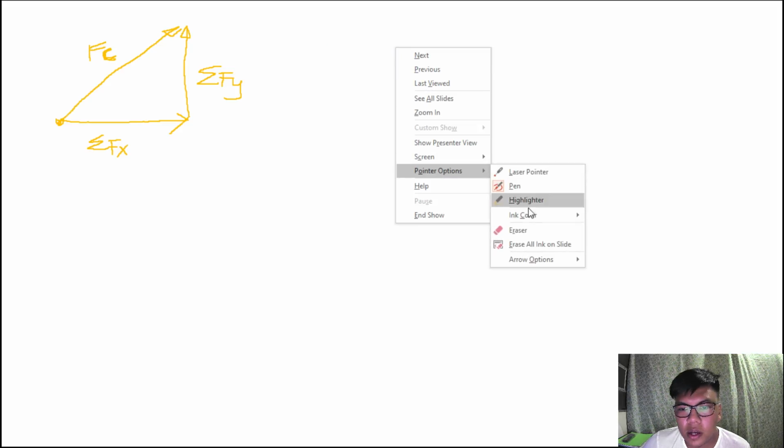Then we have summation of FY. Okay, so ito ngayon yung ating magiging resultant force. FR. Sabihin natin F sub C, gawin na natin F sub C. Ay, hindi pala, kasi mag-opposite tayo niyan. FR muna.